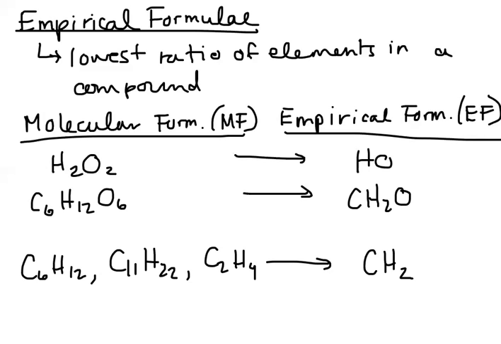Now, these are called empirical formulas because the scientific process is sometimes called the empirical process, where you look at your data and make a determination based on the data you get directly. That's empirical evaluation.